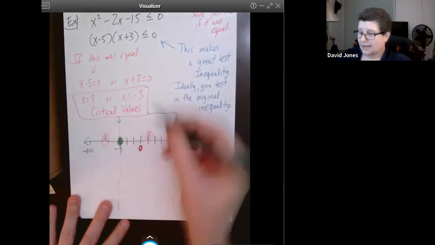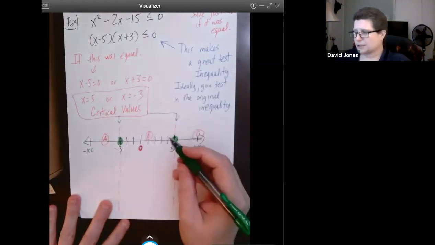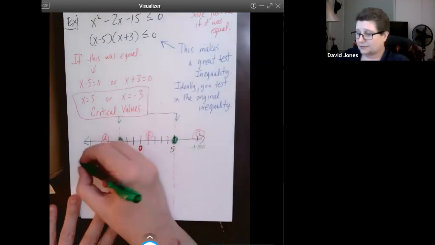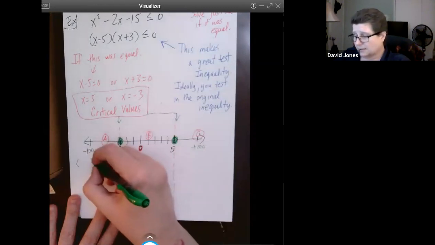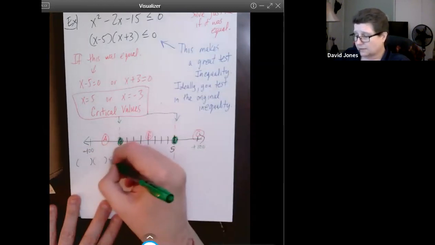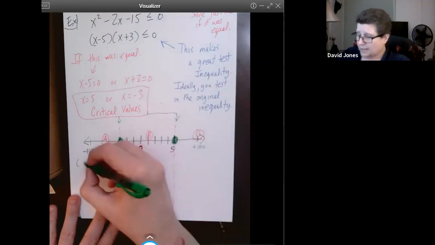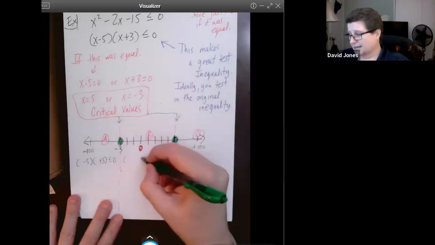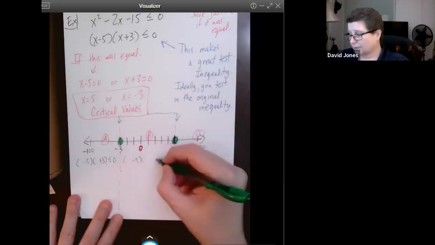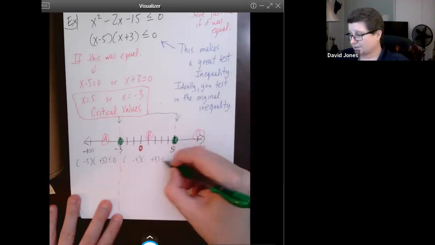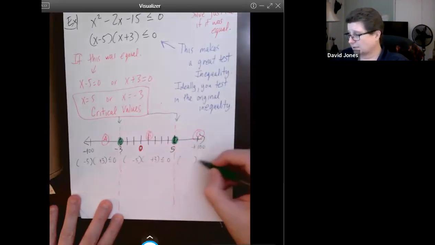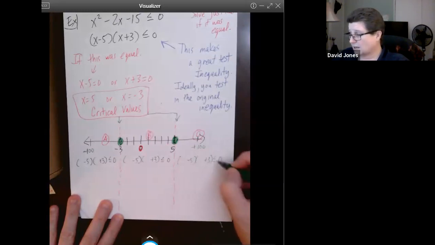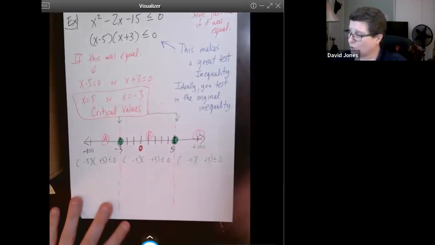So x minus 5 times x plus 3, is that less than or equal to 0? I'm going to do that in each region. And then I'm going to plug in the value I've picked as my test value from each region.